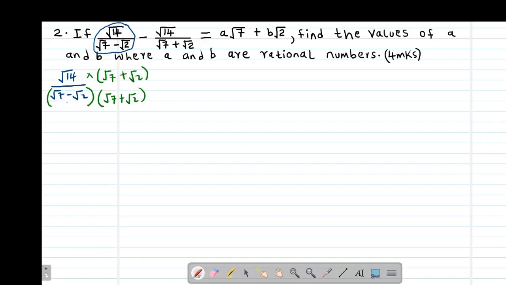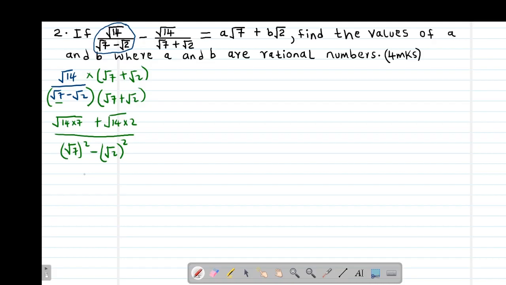So on the numerator I'm going to have the following. Root 14 times root 7 is the same as saying the root of 14 multiplied by 7, then plus root 14 times root 2 is the same as the root of 14 multiplied by 2, then divided by, this is a difference of 2 squares, therefore I'll simply take root 7 squared minus root 2 squared.